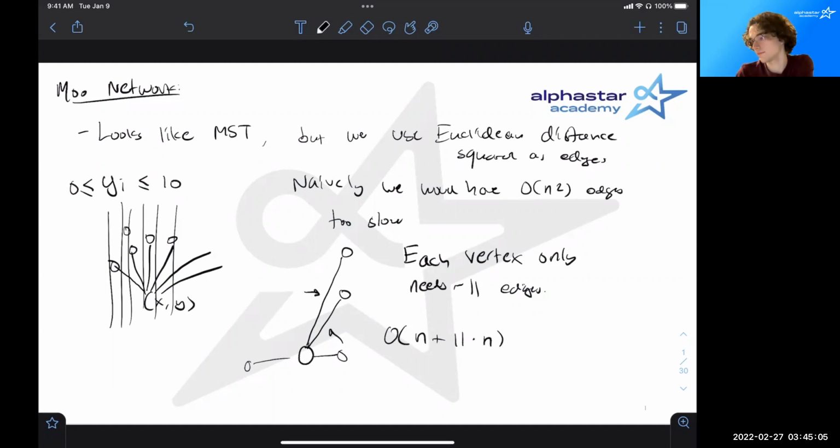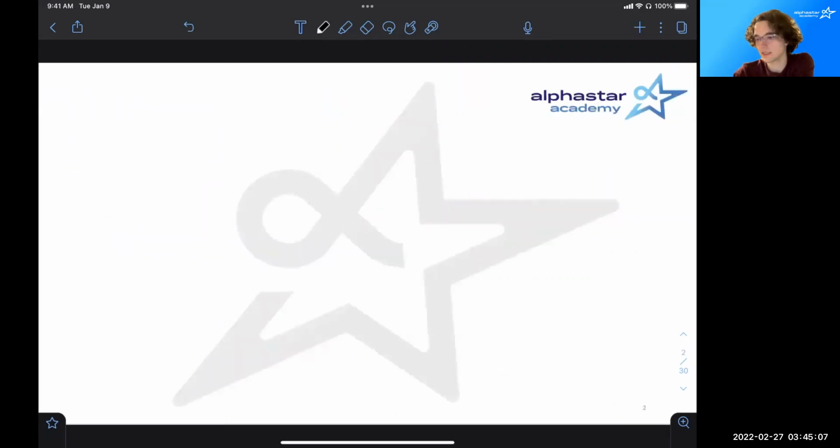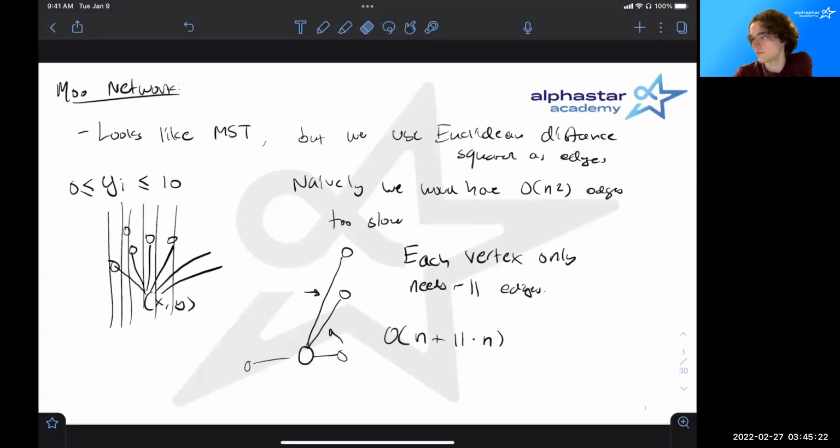This would give us something like O of n plus 11 times n. There are a few ways to compute MSTs, which since it's a gold contest, most of you are probably aware of. We can do something like Prim's or Kruskal's, and in this case, we'd end up with O of n log n if we use Kruskal's.